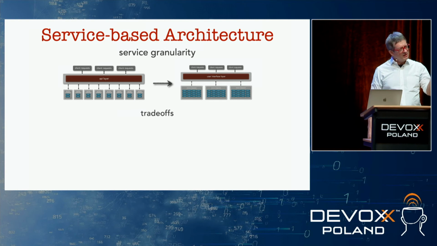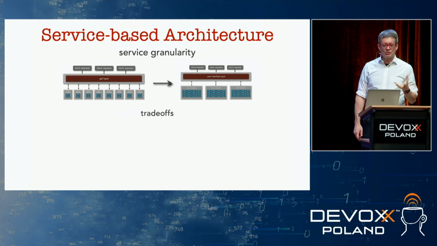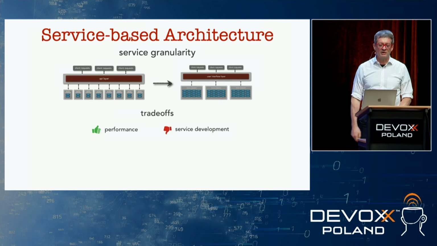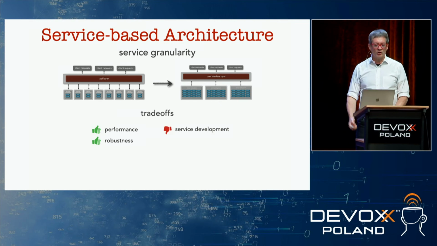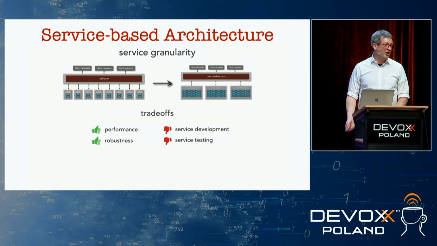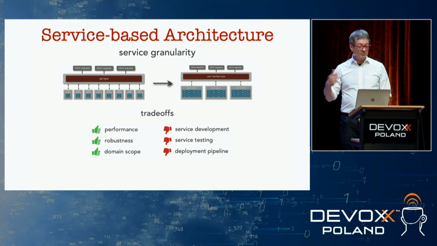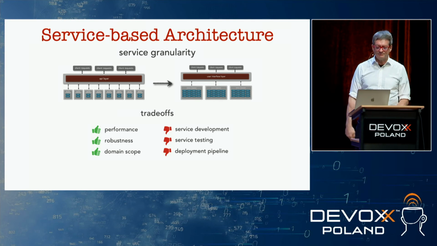It's hard to break things down to that small in microservices, so breaking them down to bigger chunks is easier, which will often be better performance because you're not doing as much at the network level, but development's going to be more complex, probably more robust because you have fewer moving parts, but testing is more complicated. It's still domain-centric, but things like deployment pipelines become more complicated here.